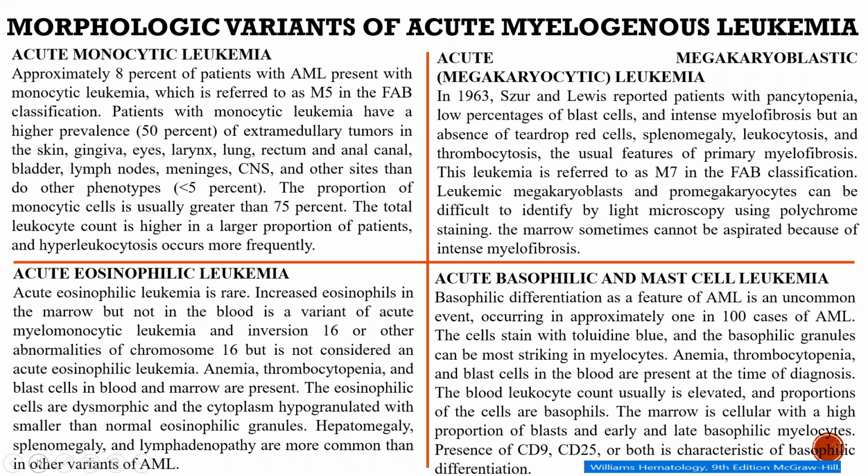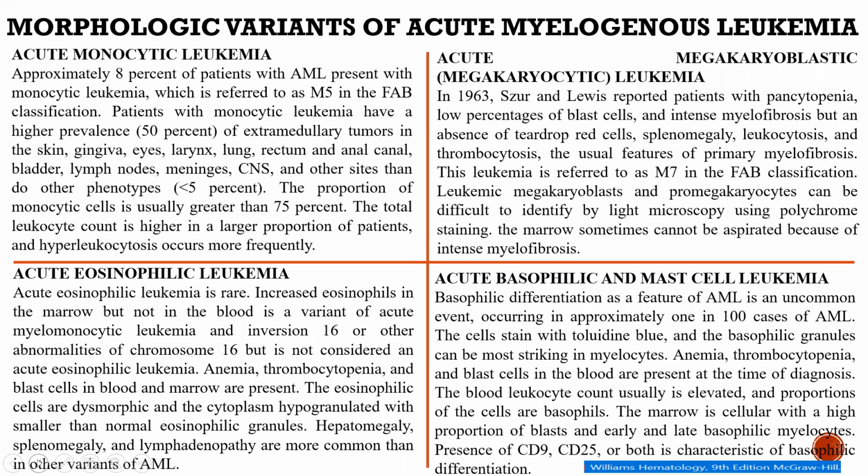This leukemia is referred to as type M7 in morphological classification. Leukemic megakaryoblasts and promegakaryocytes can be difficult to identify by light microscopy using polychrome staining. The marrow sometimes cannot be aspirated because of intense myelofibrosis. It's probably one of the most malignant types of leukemia.